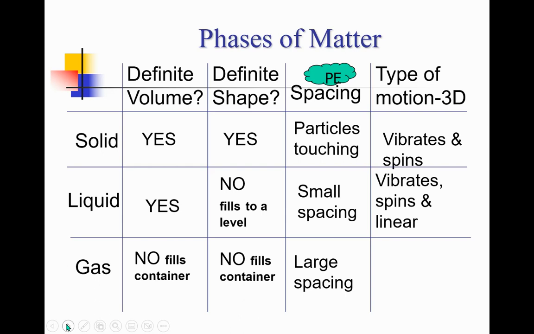That means they can slide past each other and they can flow. So liquids and gases are considered fluids, meaning that the particles can flow past each other. Gases have a much wider range of movement than liquids do, but they can also flow and slide past each other.